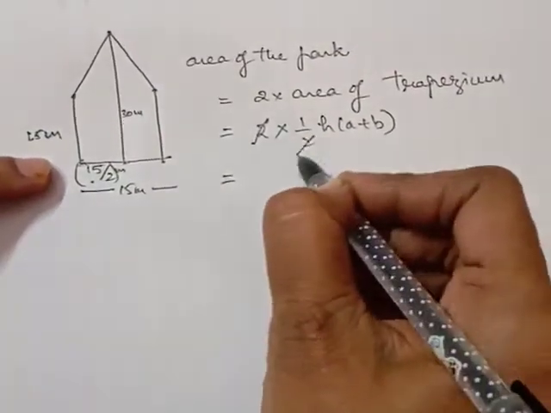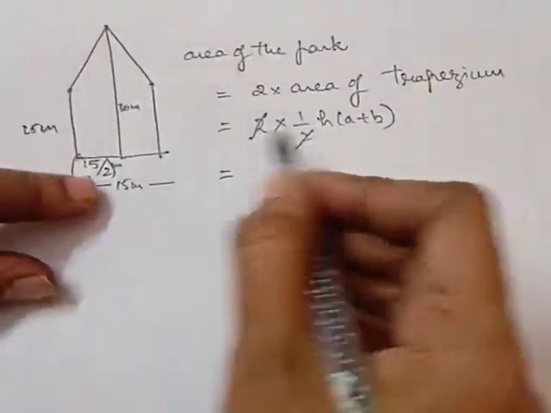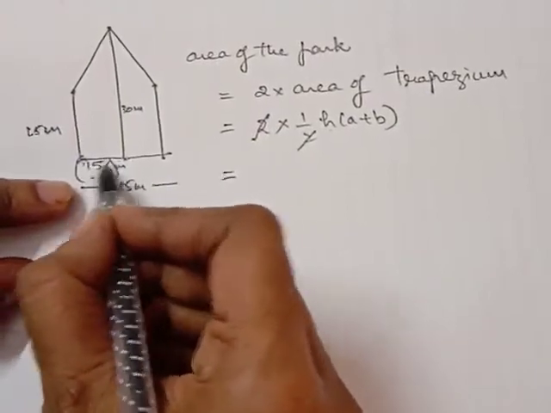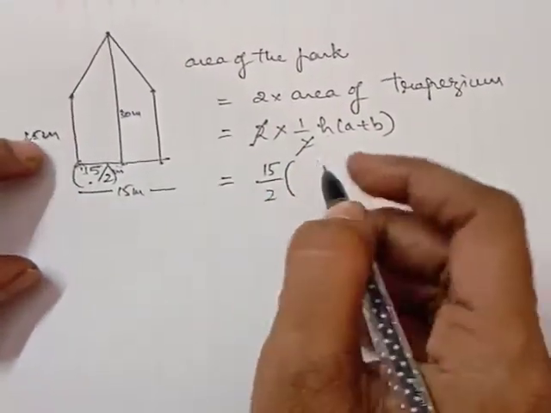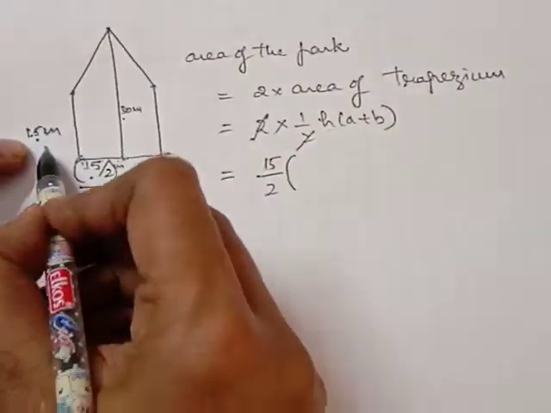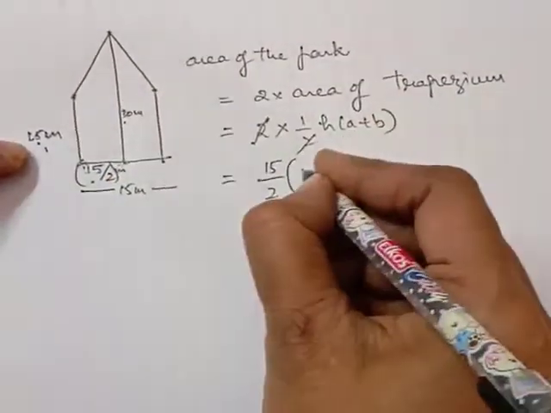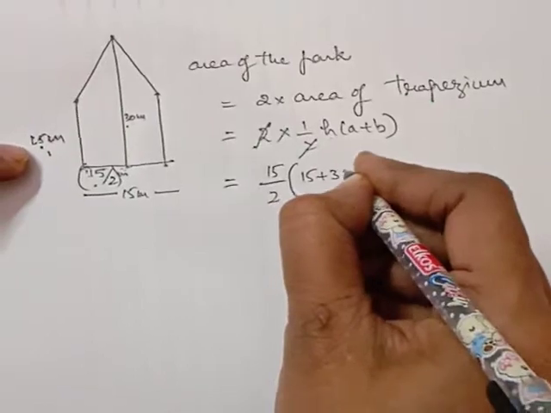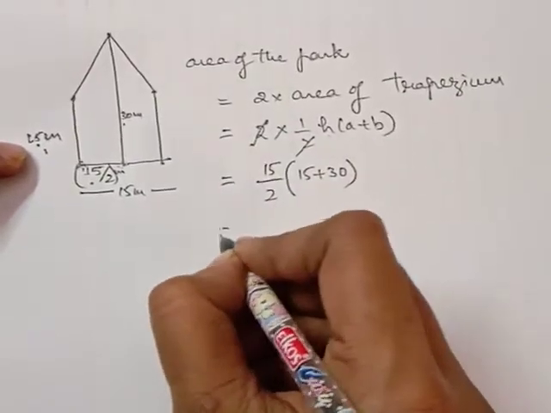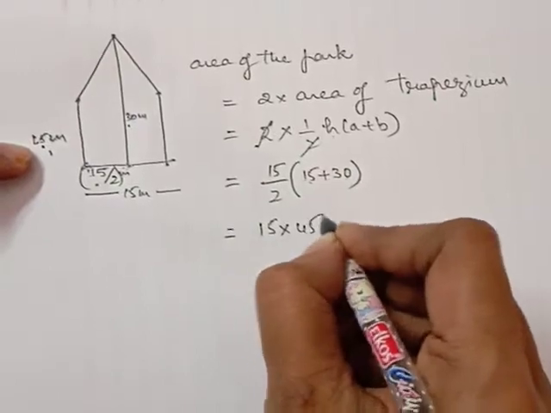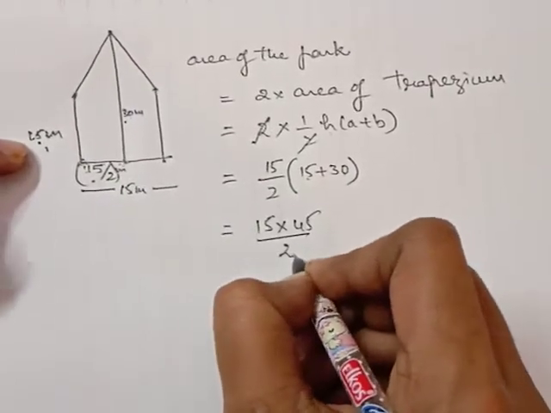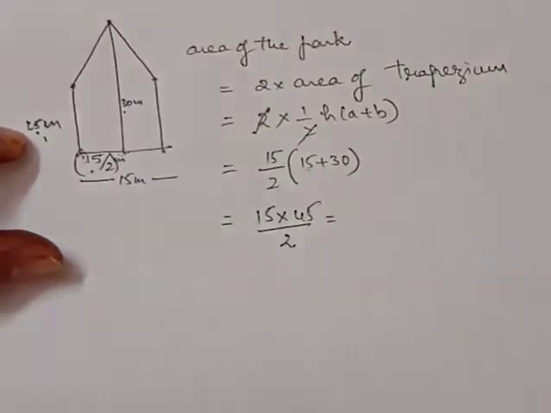So 2 and 2 will cancel. h is 15 by 2, the distance between the parallel sides. 15 by 2 into a plus b, where either one can be a and the other b. So 15 plus 30 is 45.